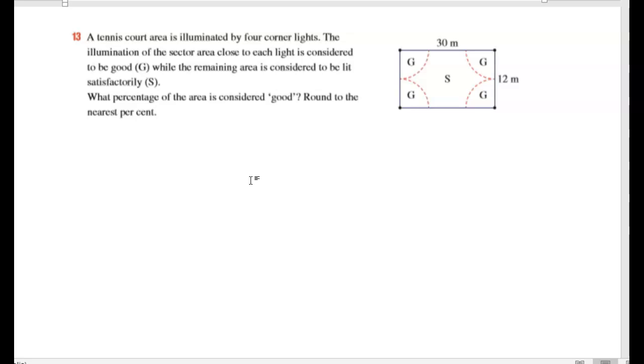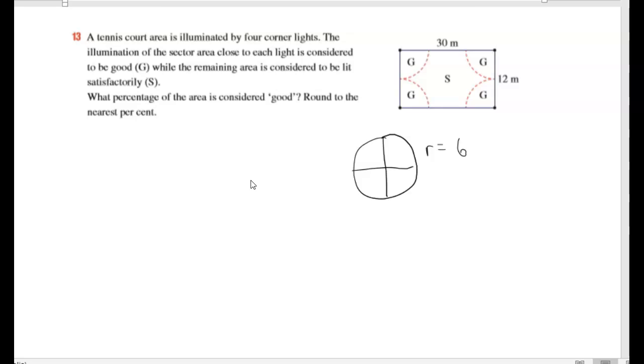Now, I added this question in because sometimes students have trouble actually visualizing shapes, but we've got 4 sectors here that form a whole circle. When you think about it, if we were to put them all together, there's our 4 sectors, and they add up to a whole circle. So with our circle, we've got a diameter of 12 or radius of 6.